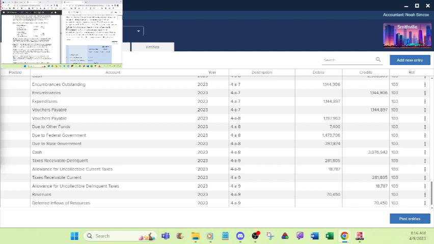Normally, if you decrease an expense, because, jeez, it's so confused. Okay, they decreased the appropriation of public works, debit.